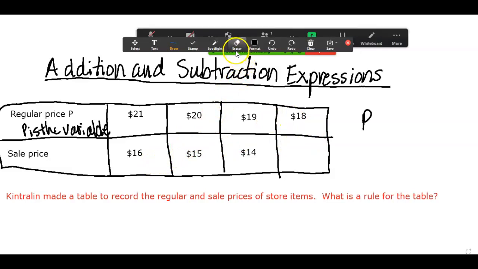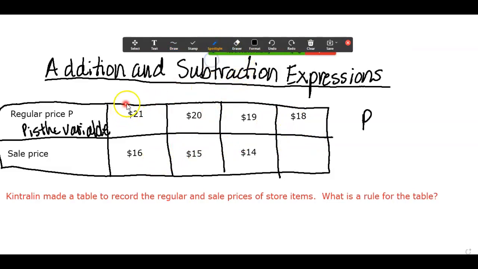So what we want to do is work on this column here. We're looking to see, I start with 21, and how do I get to 16? Another way to say it is, 21, something happens to that 21, and I get 16.